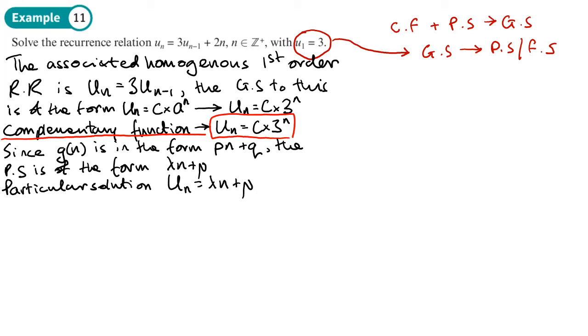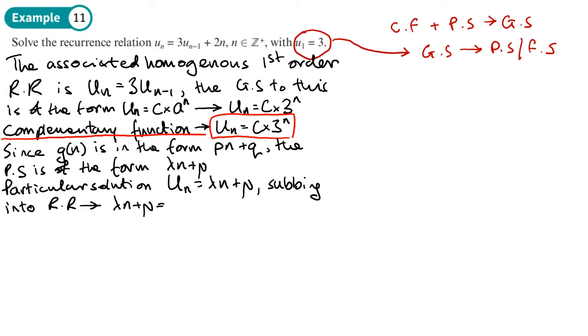Now we need to find lambda and mu, and the way we're going to do that is to substitute this into the recurrence relation. Subbing into the recurrence relation will give us u_n, so lambda n plus mu, equals 3u_(n-1).